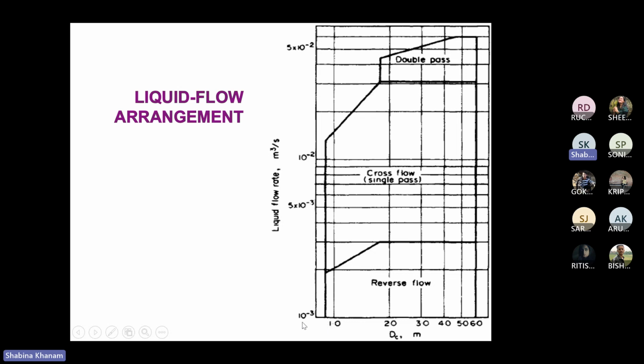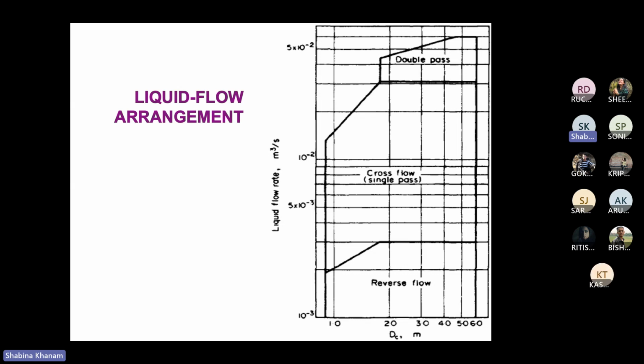The reason being that below 0.5 or 0.6, nearby values, a plate column is not feasible. Plate column is not feasible for low diameter columns.